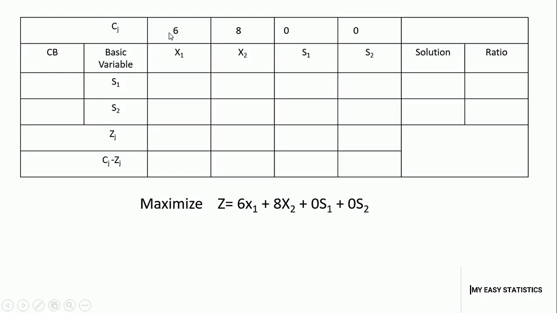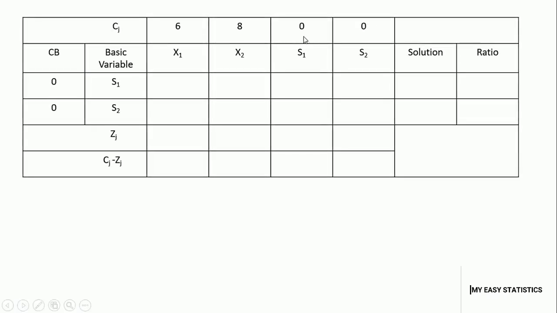So Cj are coefficients from the objective function. Now Cb is the coefficient of basic variables where we have 0 and 0. S1 has 0 coefficient, S2 has 0 coefficient. The same values are taken in the matrix.